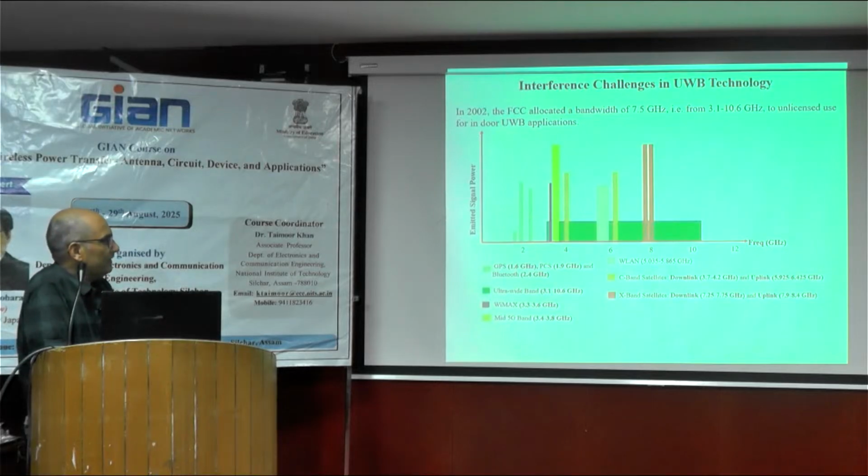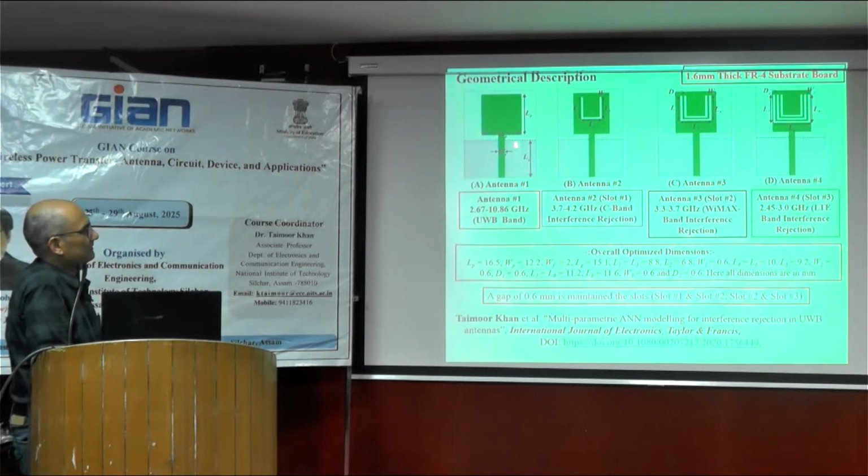That's why the task in this example is to remove the interference of these bands only, that is 3, 5, total 7 bands which are overlapping with the UWB. Then for that, one is the geometry, then second step, third step, fourth step. Then here you are getting 2.6 to 10.6 gigahertz UWB.